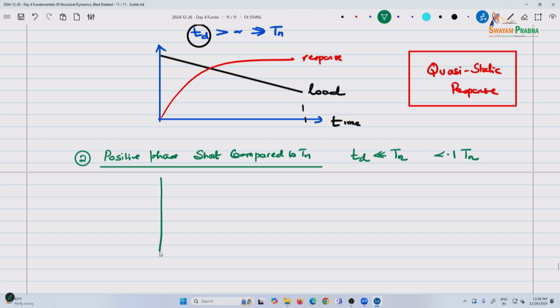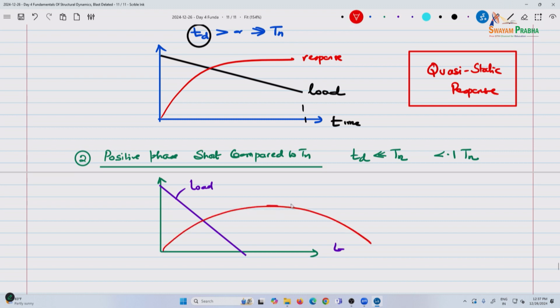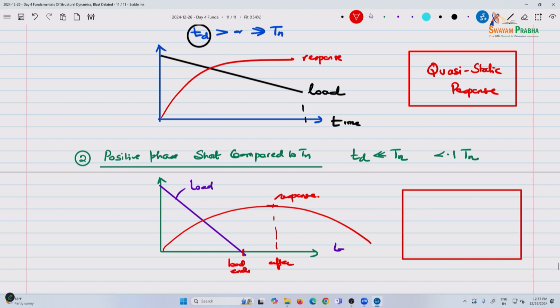Now, if I use the same plot here, this is time, this is the load, the load drops, but the response could be much after the load ends. This response is what we call impulsive response.